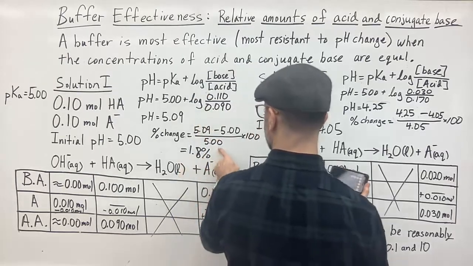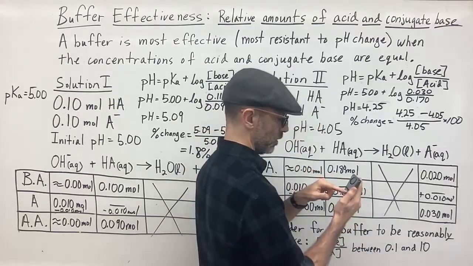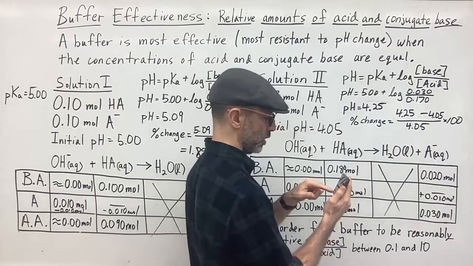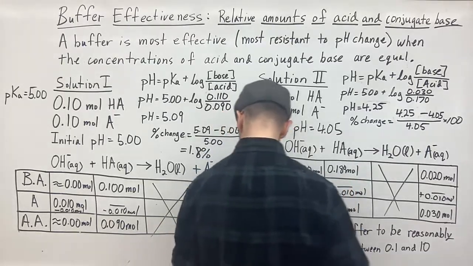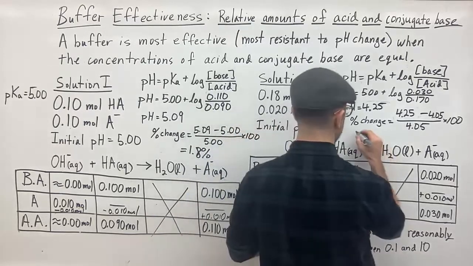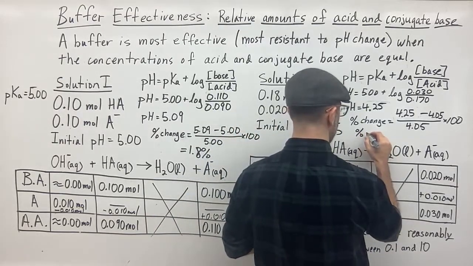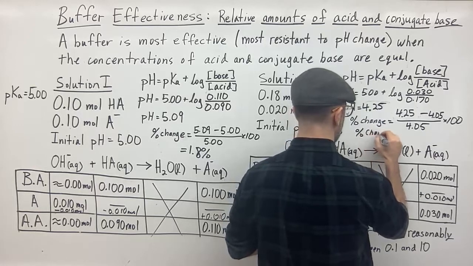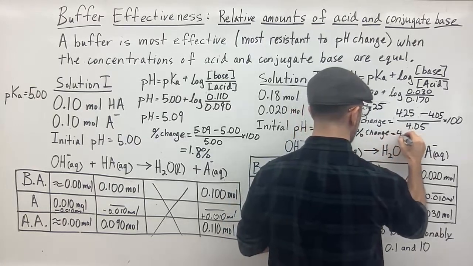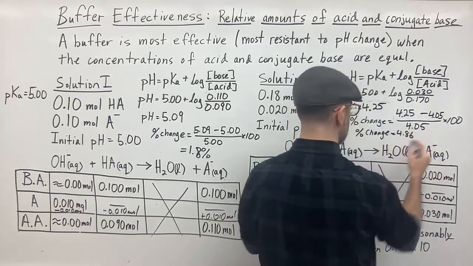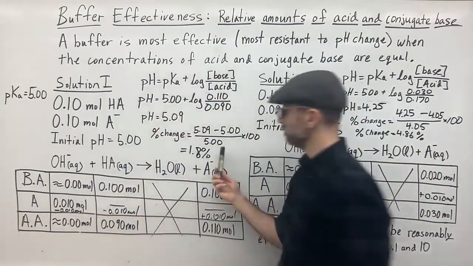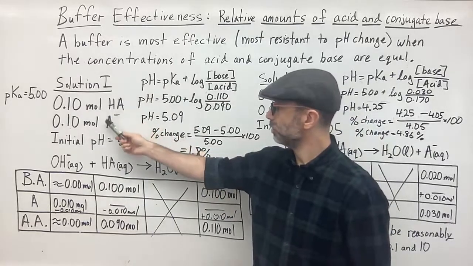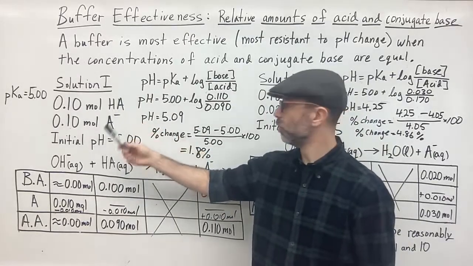So just like here, equals times 100 equals, and we get a percent change of 4.86. So percent change is equal to 4.86%.